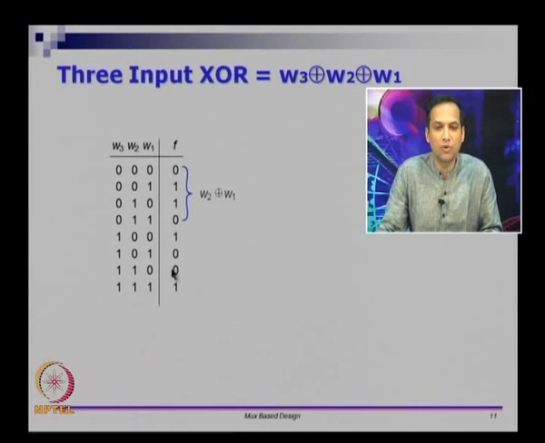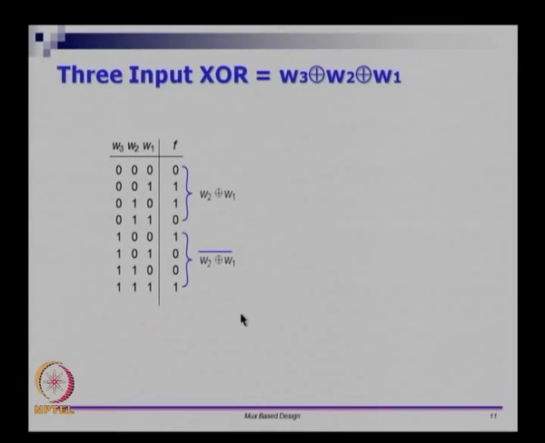If you look at these 4 rows here, again W3 is held constant, W2 and W1 are changing, so if you look at only this part, that's a 2 input truth table. In this truth table you have 1001, that is actually for XNOR. So this is W2 XOR W1 complement.